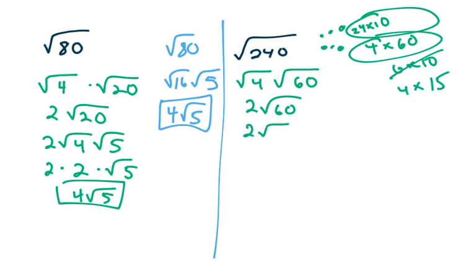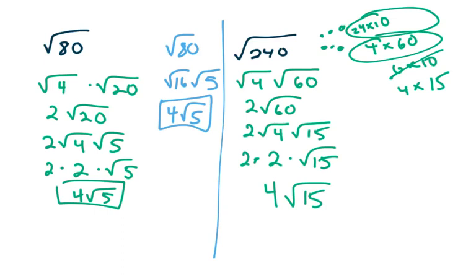So 2 times the square root of 4 times the square root of 15 is 2 times 2 times the square root of 15. It's good to write each step out like I'm doing, and this will give you 4 times the square root of 15, and 15 would only break up into a 5 times 3. That doesn't help us. So 4 times the square root of 15.